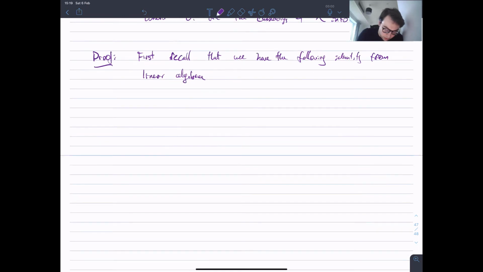says the following. If I look at the determinant of some matrix which looks like 1, x1, x1 squared, up to x1 to the n minus 1, and here you have x2 to the n minus 1, and last 1, xn to the n minus 1.